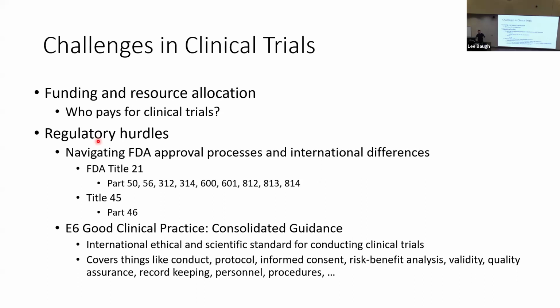Now, that's not the E6 good clinical practice requirements, but it's a similar sort of set of materials. It's telling you the types of things that are required for a clinical study to be performed well. And by following those guidelines, the work that you do is going to be of a higher quality, patients will be better protected, and these are all really important aspects.